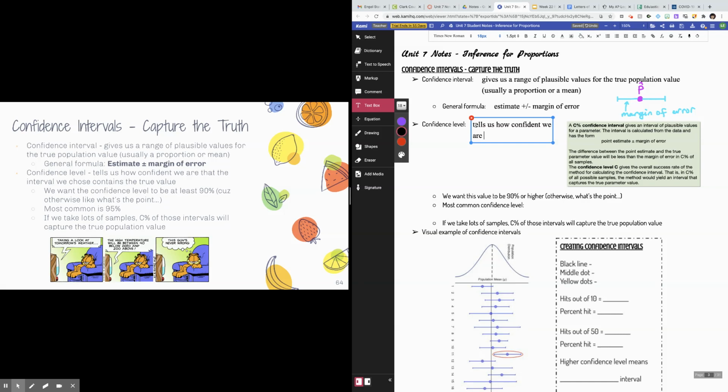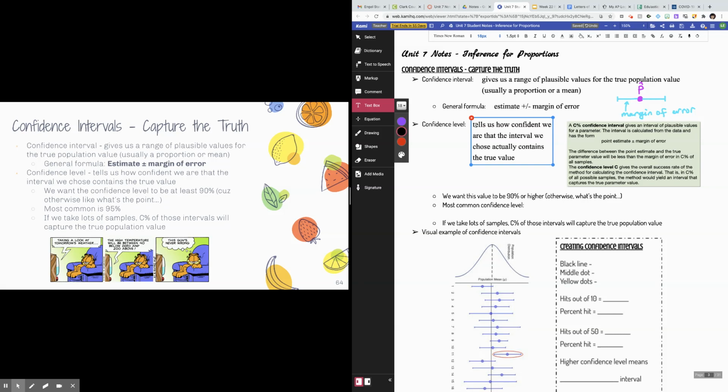It tells us how confident we are that the interval we chose actually contains the true value, or the population value, the parameter. Typically in statistics, we want your confidence level to be at least 90% or higher.